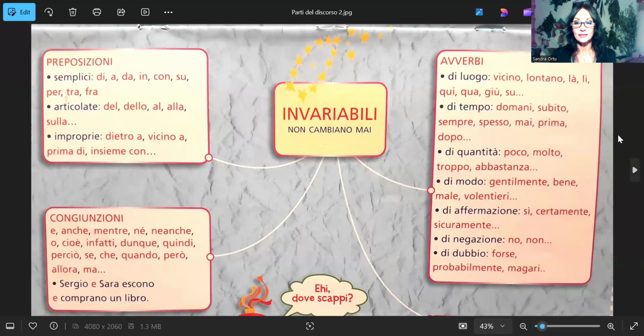Here we also have adverbs. Normally we have different types, as you can see here. Again, don't worry too much about the different types, but let's see some of the words. Adverbs tell us how certain things are done, and they just add some extra information to a verb, so they're connected to the verb.